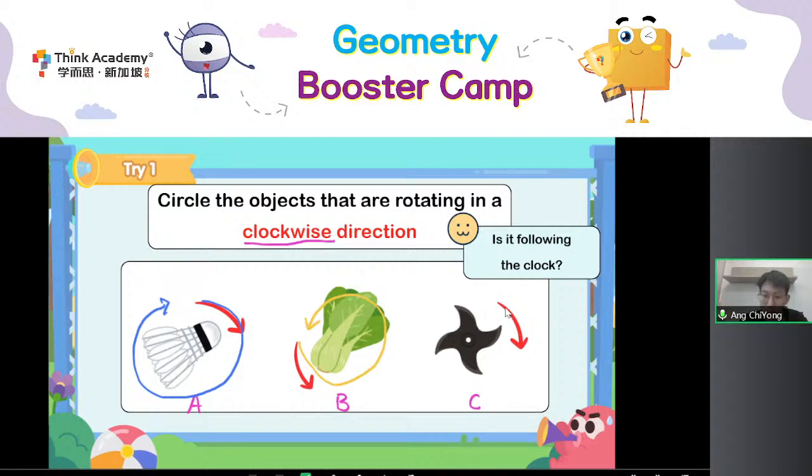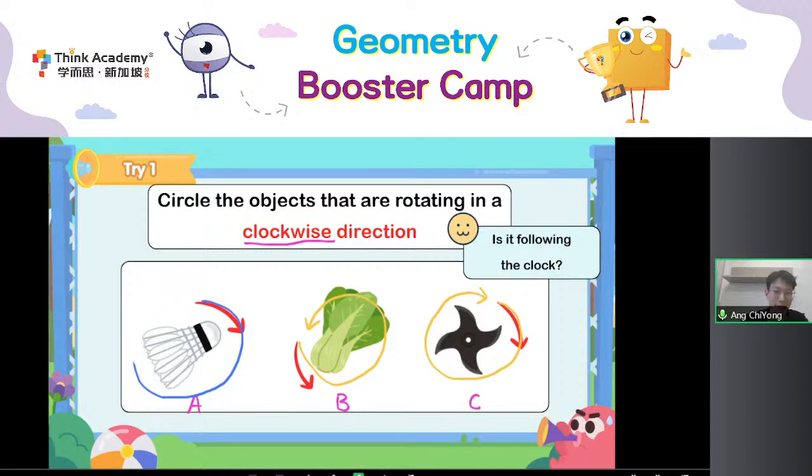What about C? This is a shuriken. This is a very dangerous weapon. Yeah, you shouldn't have this in your home. Okay, I don't think any of your parents have that. So let's see, how's it moving? Going this way. Is this clockwise? Yeah, I think it is. Yes, very good job. So, yes, B is anti-clockwise. Very good job. Oh, you know how to spell anti-clockwise.